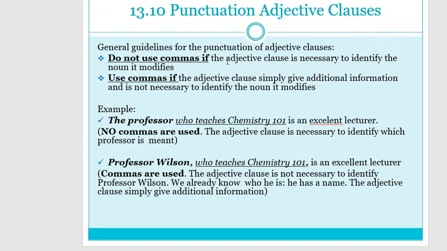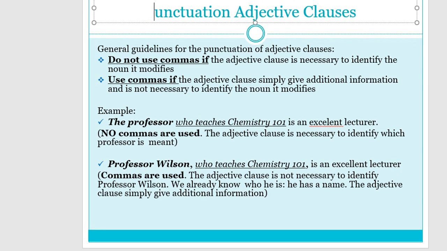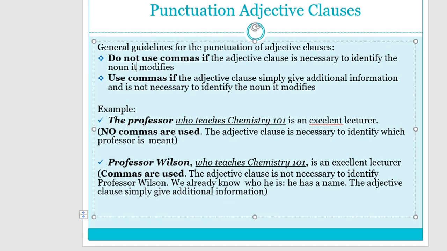Next, punctuation. Again, we need to understand the general guidelines for the punctuation of adjective clauses. Do not use commas if the adjective clause is necessary to identify the noun it modifies. A lot of students commit mistakes when they use relative clauses.